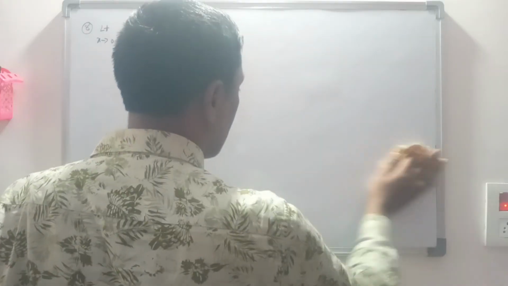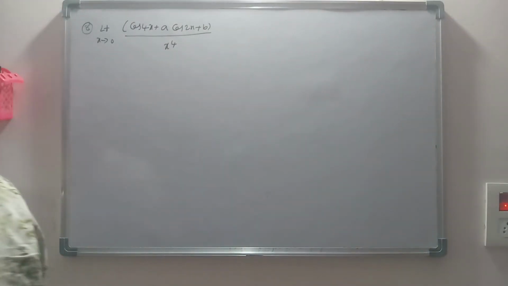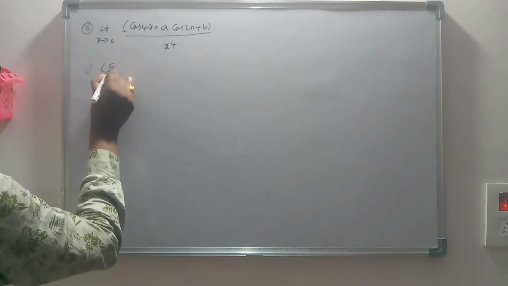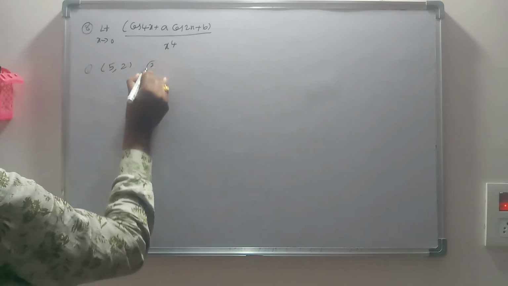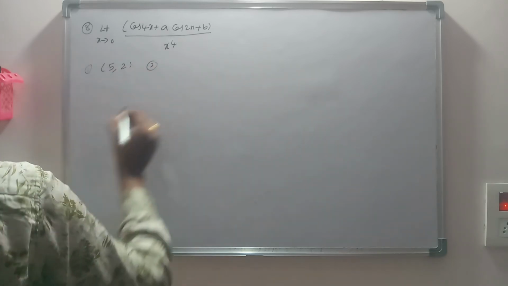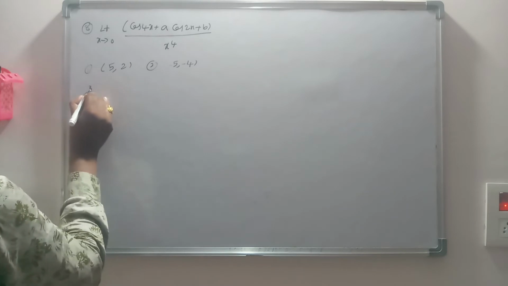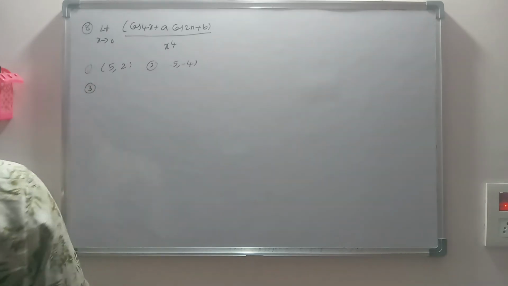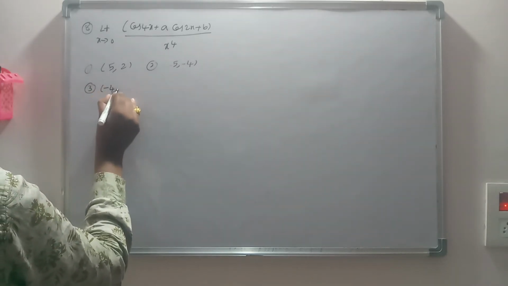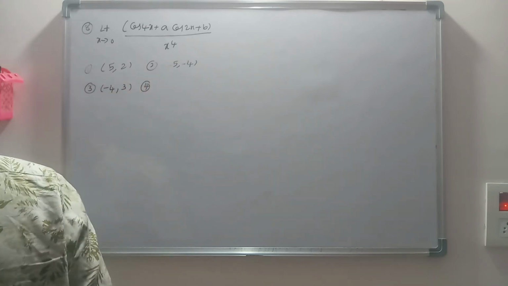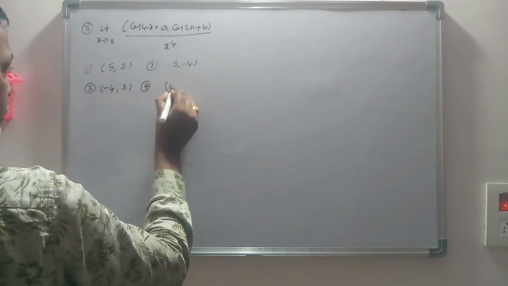Then a comma b. Some options are there. First option 5 comma 2. Second option minus 5 comma minus 4. Third option minus 4 comma 3. Fourth option 4 comma 5.